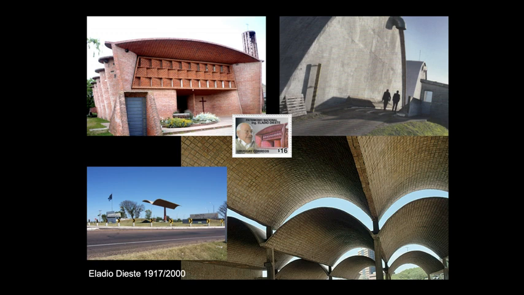This is one thing, and the other thing is that he is using this technique not only to design spectacular spaces or important spaces like churches, what you see on the picture on the left. He also used this for warehouses. The picture on the right and on top shows something like that, and also the picture on the right down.